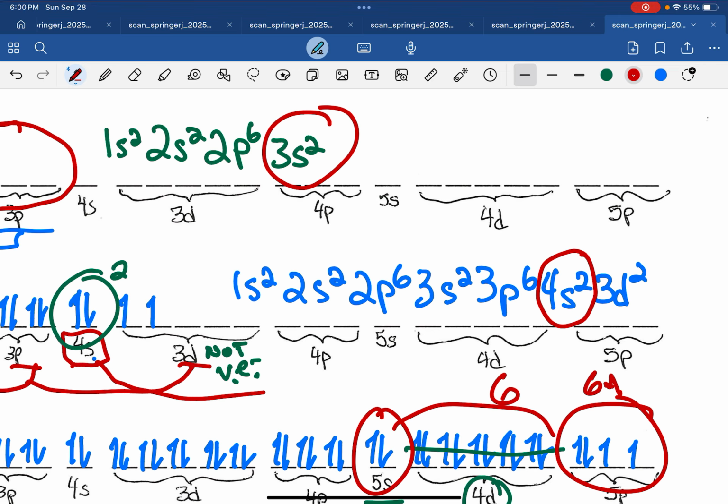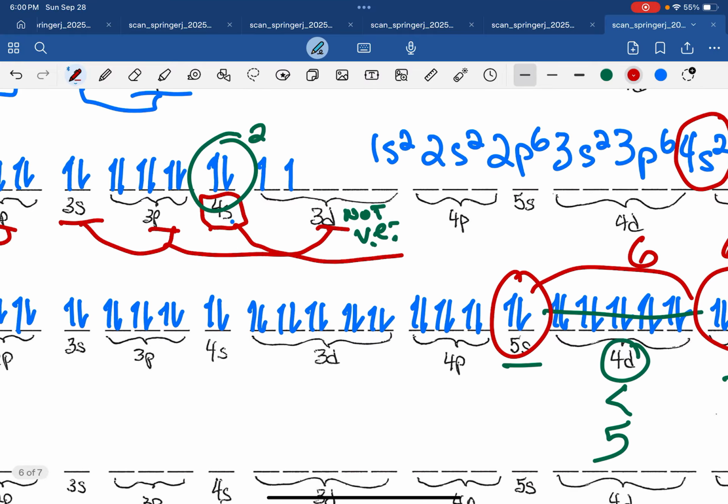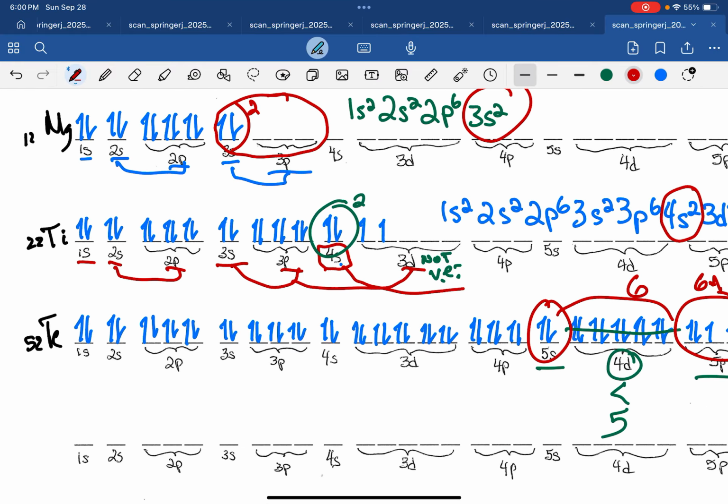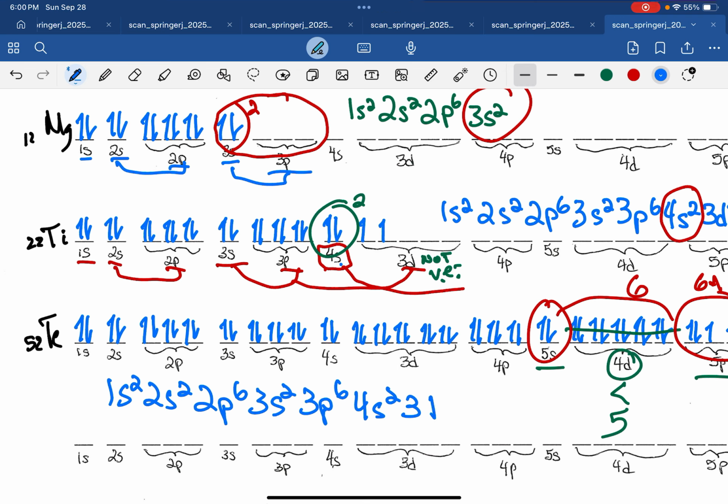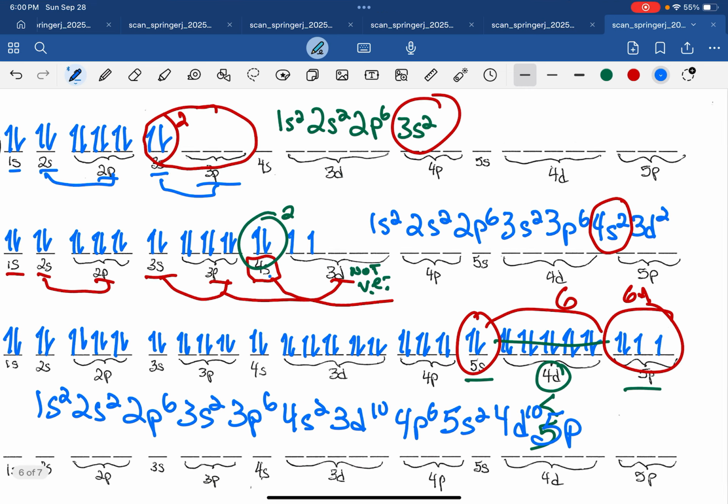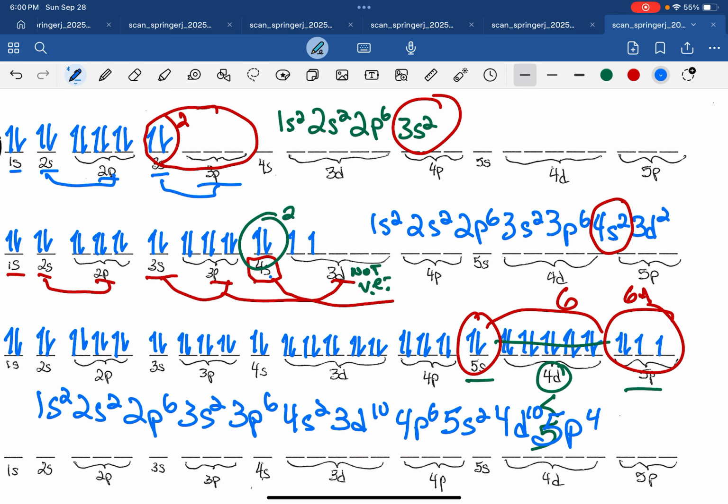And this last one here, tellurium. Wow, look at that. 1s2, 2s2, 2p6, 3s2, 3p6, 4s2, 3d10, 4p6, 5s2, 4d10, 5p4.